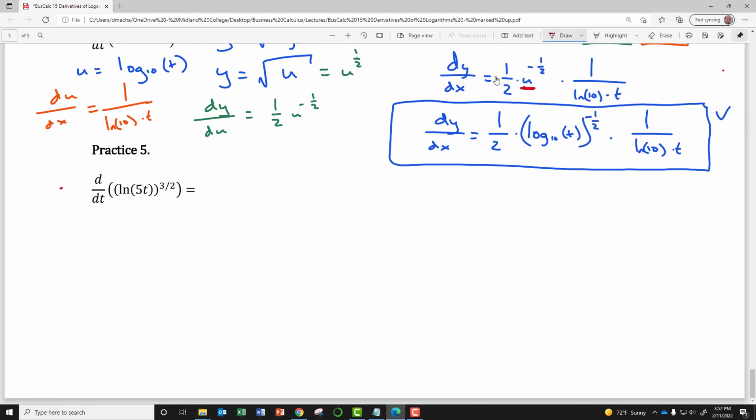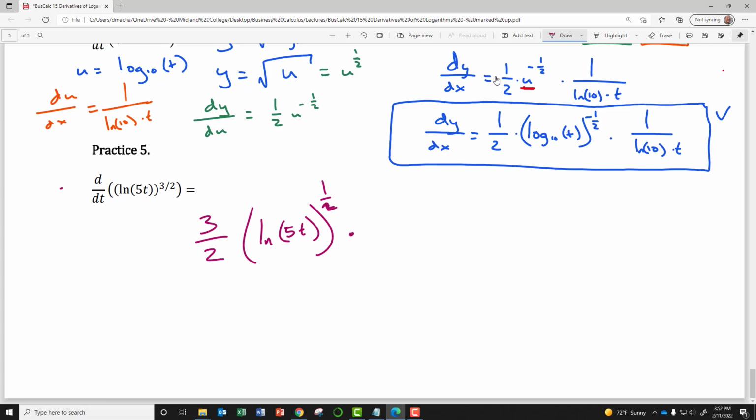Again, this is chain rule that we're using. My inside function is going to be natural log of 5t. My outside function is going to be x to the power, or sorry, t to the power 3/2, if you will. So the derivative of my outside function is going to be 3/2 of natural log 5t all to the power 1/2. That's just power rule for my outside function.